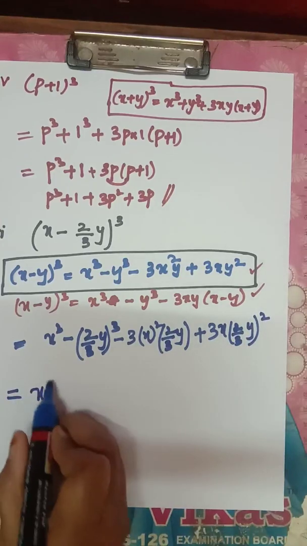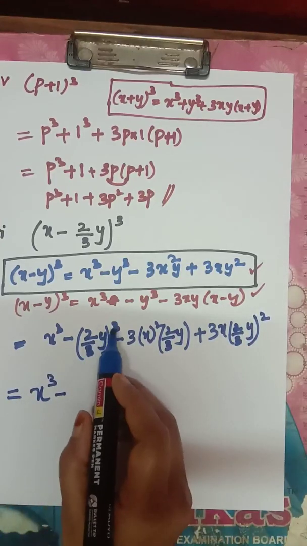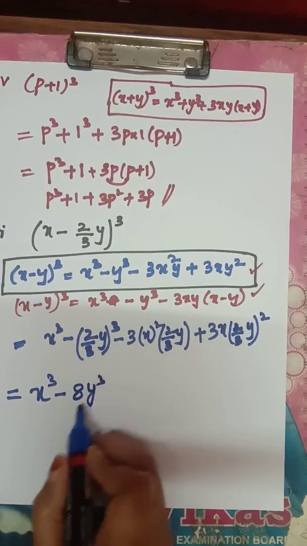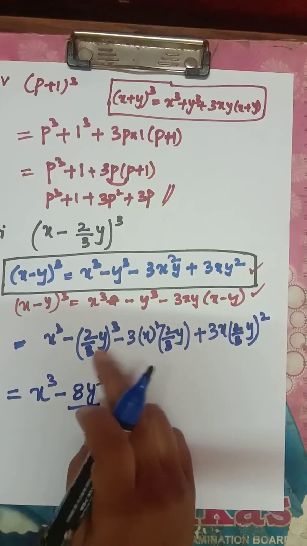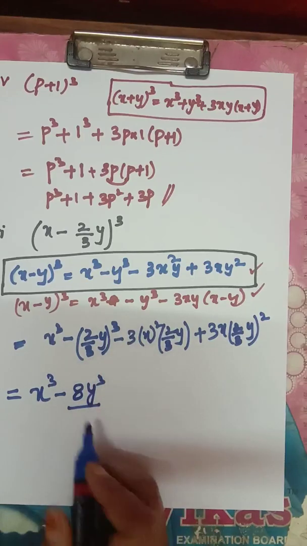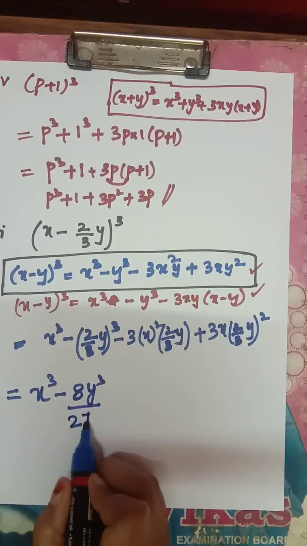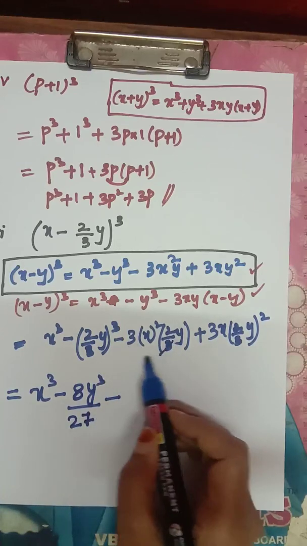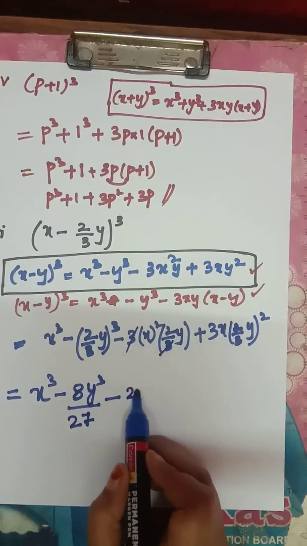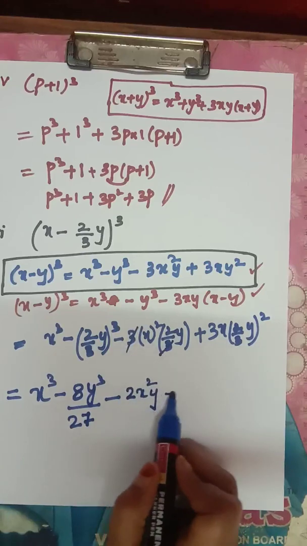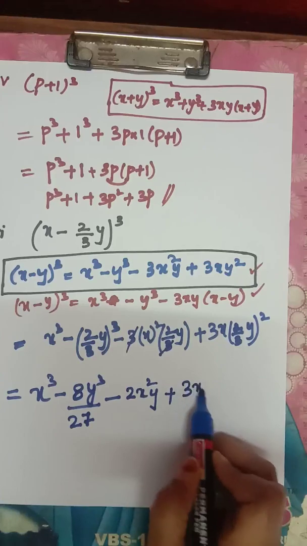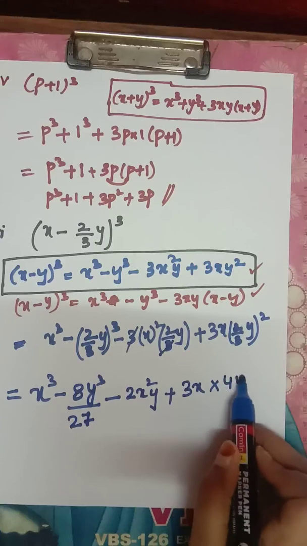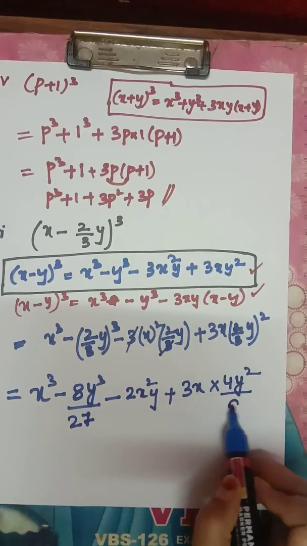That is x cube minus, numerator 2 into 2 into 2, that is 8 y to the power of 3, by denominator 3 to the power of 3 is 3 into 3 into 3, that is 27, minus, see here this 3 and this 3 will get cancelled, so 2x square y, plus 3x into, see here 2 into 2, that is 4 y square by 3 3s are 9.